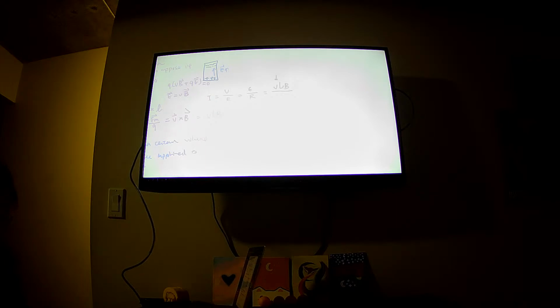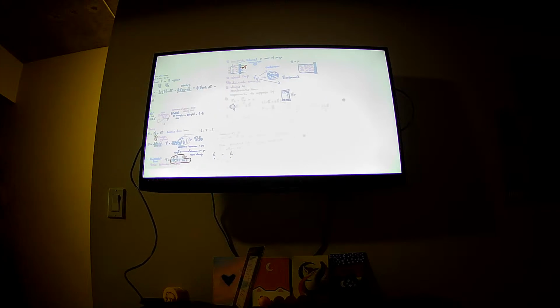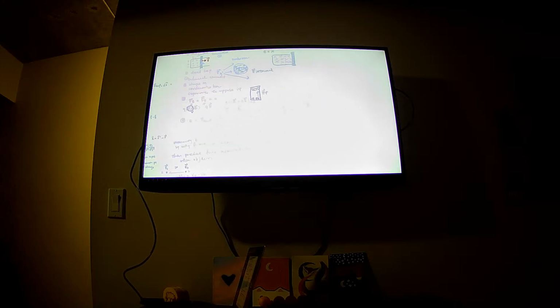V is the velocity, the speed at which you're pulling the bar. L is the distance that you're pulling the bar for, B is the magnitude of the magnetic field, and R is the resistance of the system. Cool, so this is how we solve these kinds of problems.